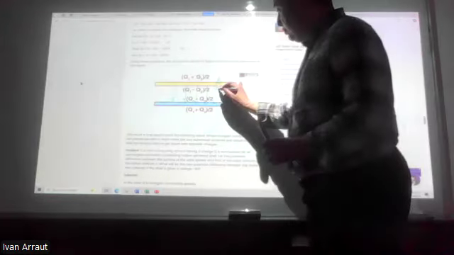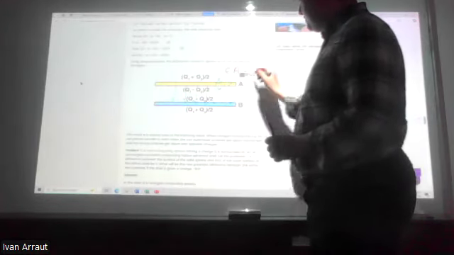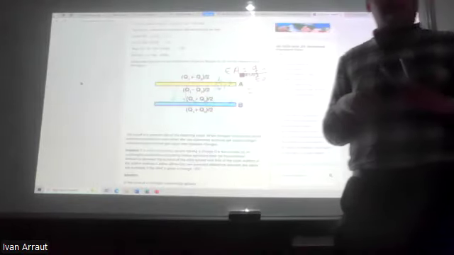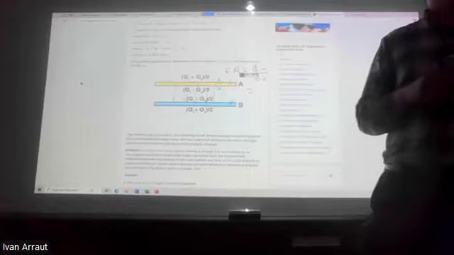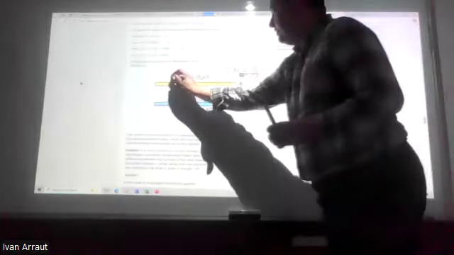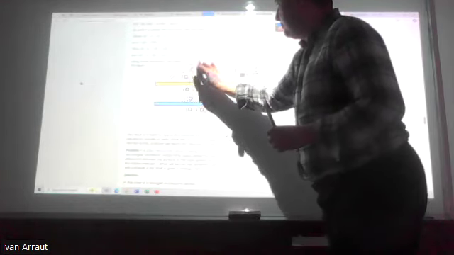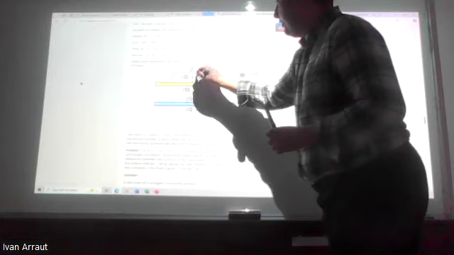Then if I apply Gauss law here, it's simply electric field times area equals charge enclosed divided by epsilon 0. But for the charge enclosed, let's assume that these plates have a density of charge per unit of area. Let's call that sigma, which is charge divided by area.